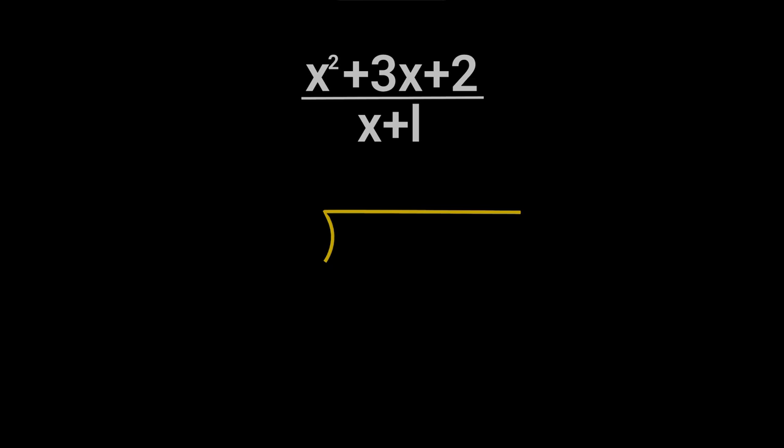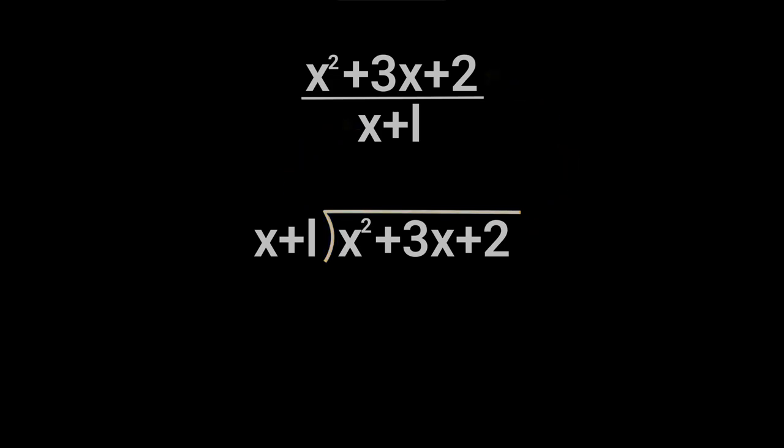Now once we have that, we're gonna take the x plus 1 and put that on the left side of the division sign, and then we're gonna take the x squared plus 3x plus 2 and put it inside the division sign.